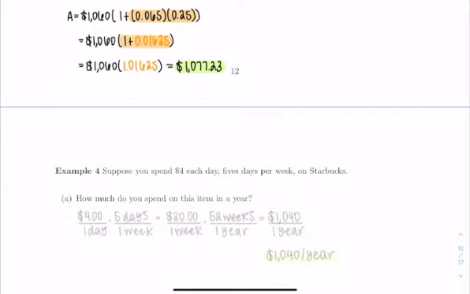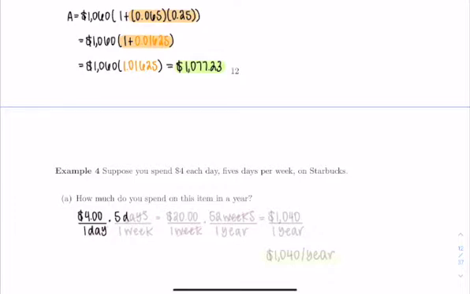Let's look at a similar one. Suppose you spend $4 each day, 5 days per week on Starbucks. How much do you spend on this item in a year? So let's think about that. We spend $4 in 1 day on Starbucks, but we do this for 5 days per week.